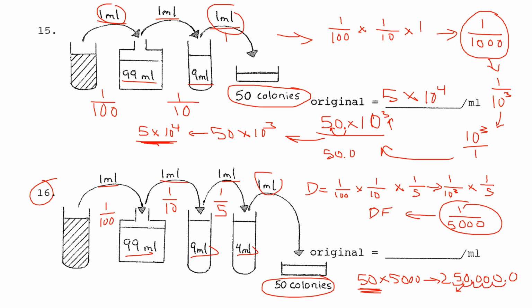So this number in scientific notation is 2.5 times 10 to the fifth, right? Because we move that over 1, 2, 3, 4, 5. So that's the answer here.